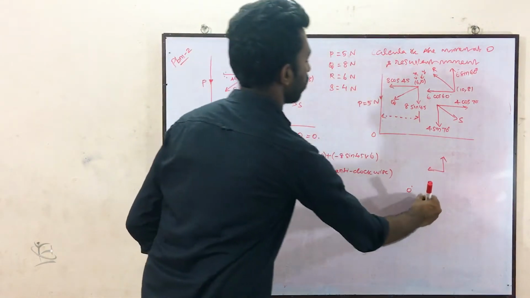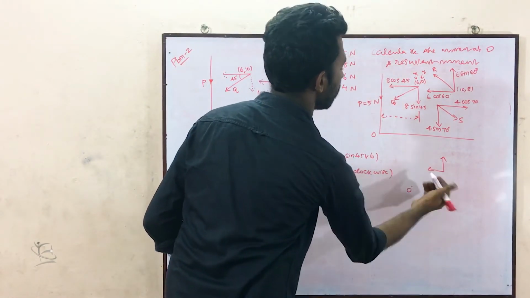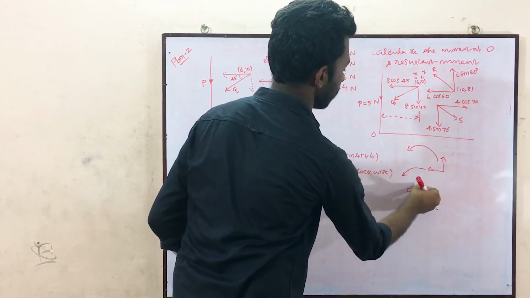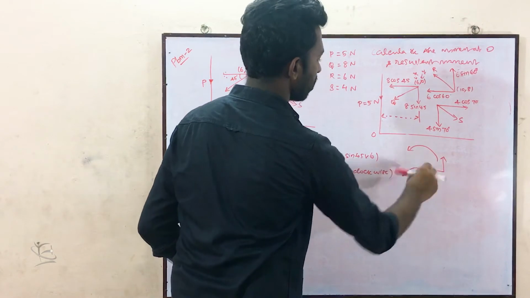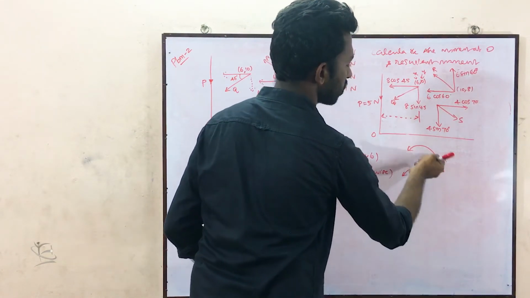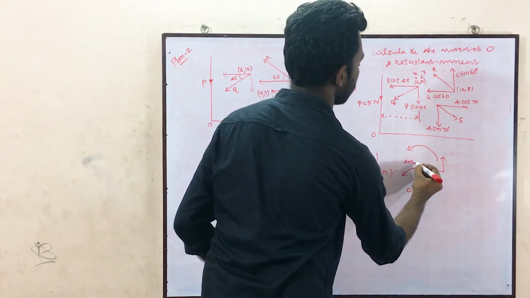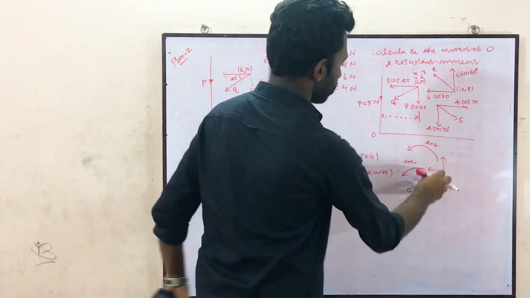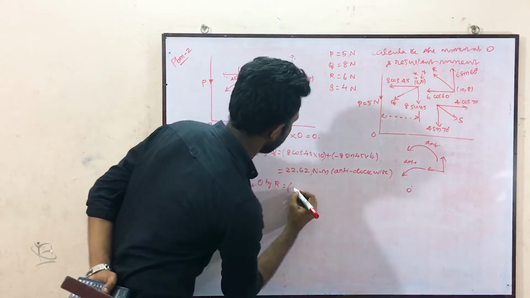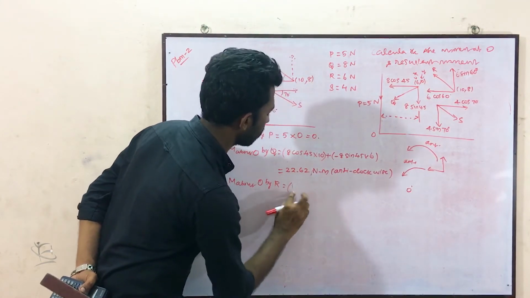Clear? So now consider this. This is also anti-clockwise. Both are anti-clockwise, so the horizontal component is positive, positive.